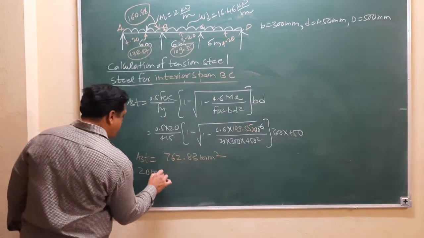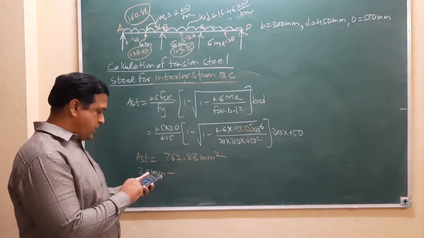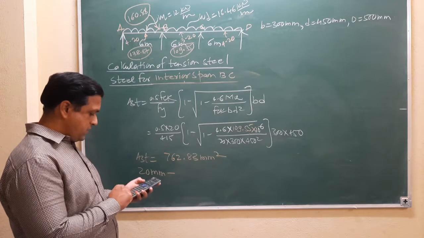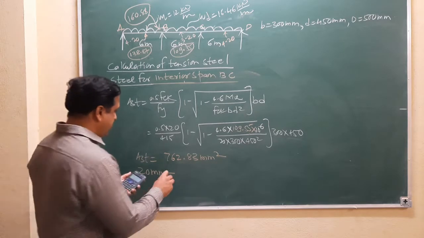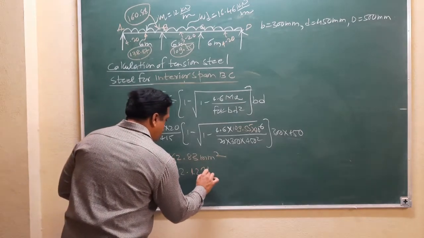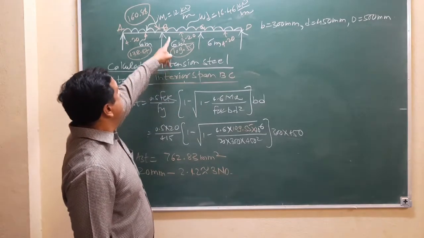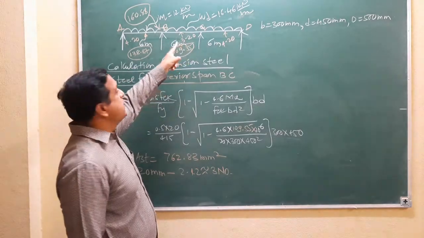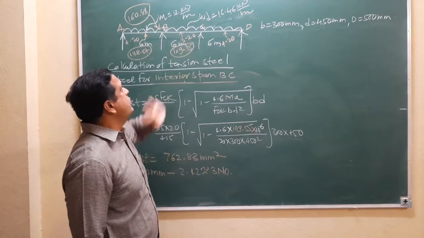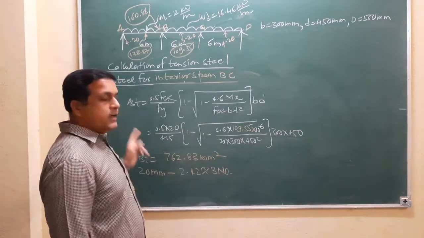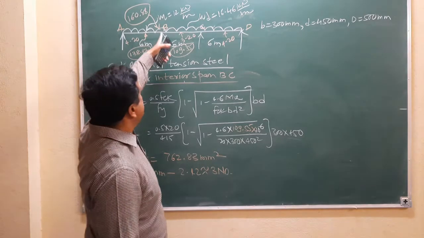Now if you assume 20 mm bar diameter, divided by pi by 4 into 20 into 20, the number is 2.42, say 3 numbers. So you have to provide the bottom steel for interior span BC, 3 bars of 20 mm diameter.